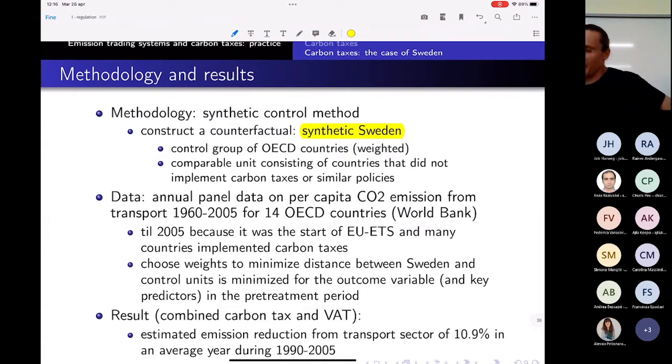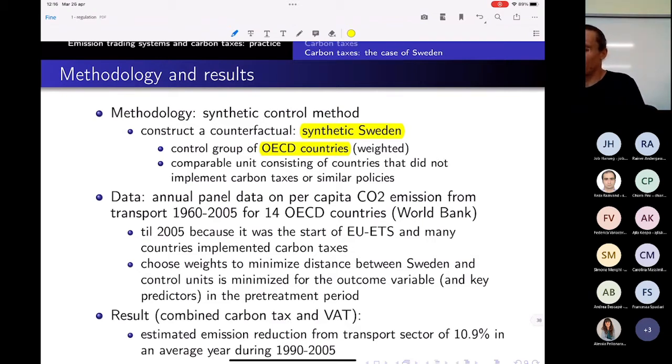How do they do this? Again, they take OECD countries. Now you see the difference compared with what's done in the paper I discussed last week. Here, it's country-wide. It's not industry or installation level. Here it's really country.